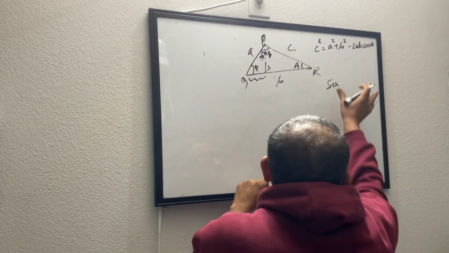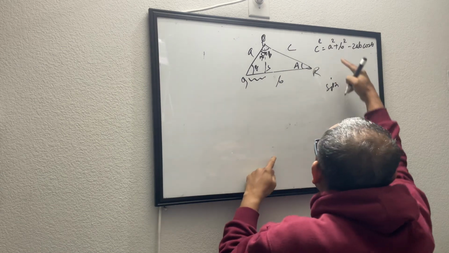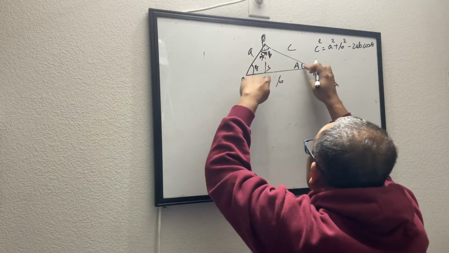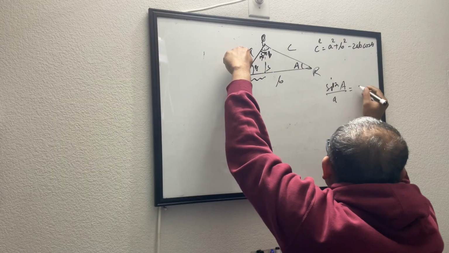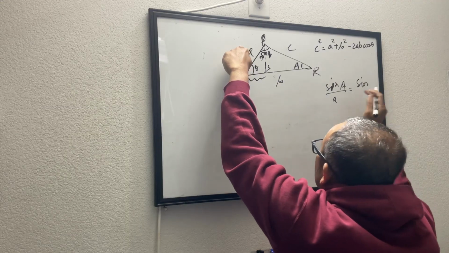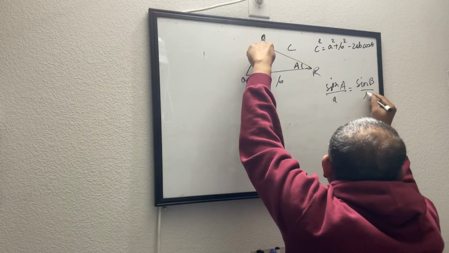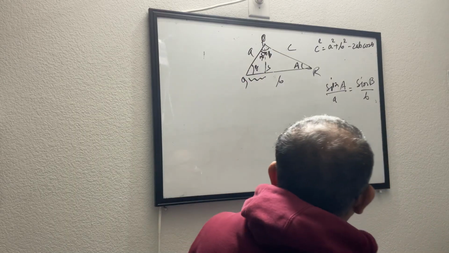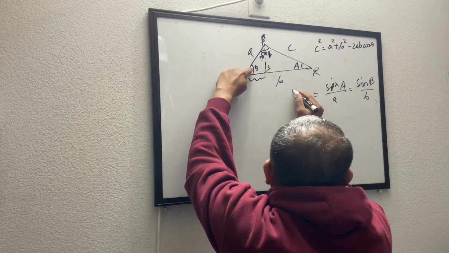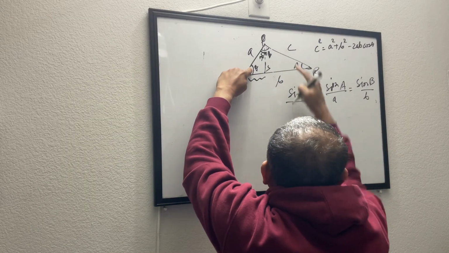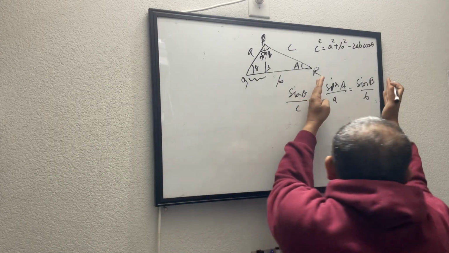Now, if I use the law of sine, we already know sine of A divided by A will be equal to sine of B divided by B, and will be equal to sine of theta divided by C. Now let's look at these two combinations.